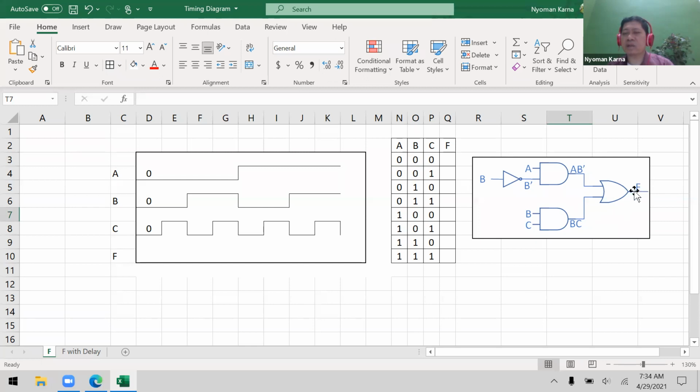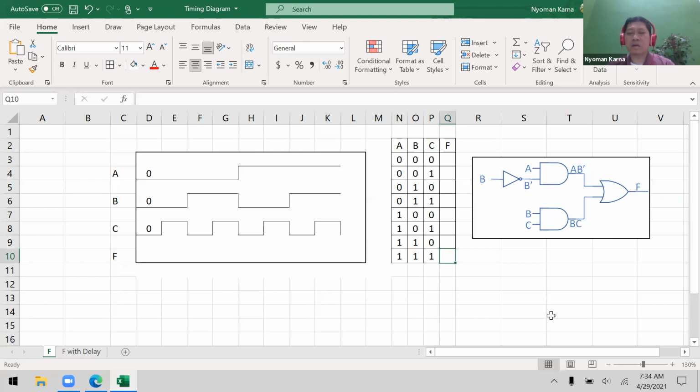So f is 1 if this leg is 1. If BC is 1, then f is 1. Now, BC is 1 when B is 1 and C is 1.